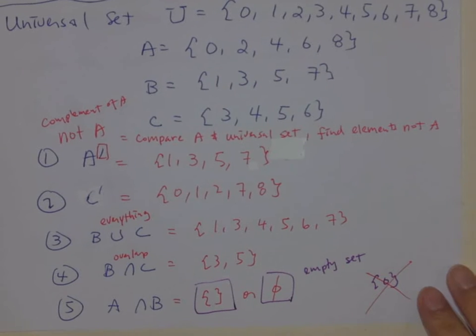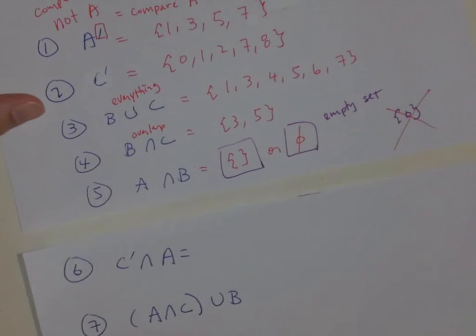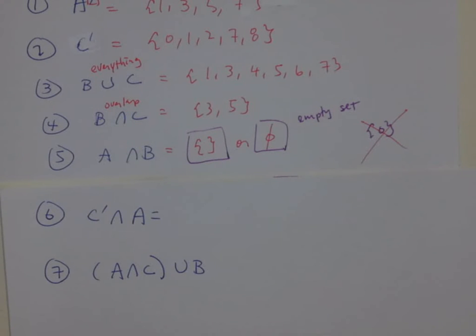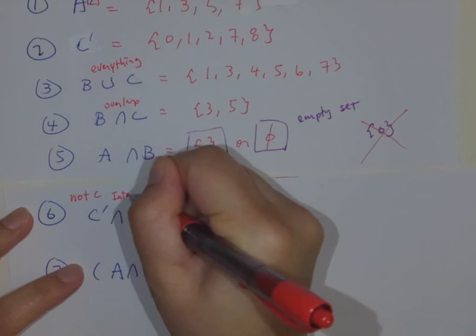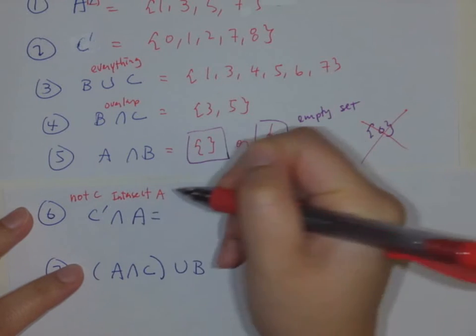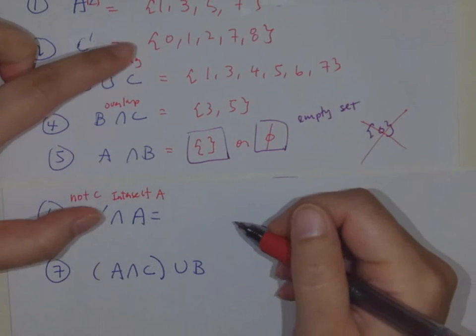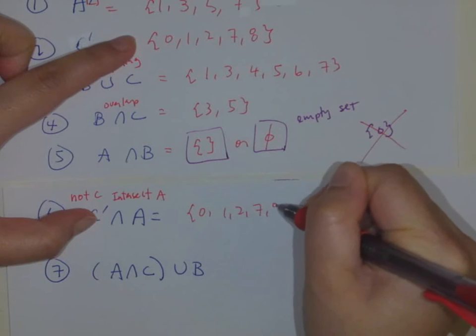I have 2 more of these that I want to show you. Again, you may need to write down the question and pause the video. So the first one says not C intersect with A, right? So I need to find not C first, which we got earlier, which is great: 0, 1, 2, 7, 8.